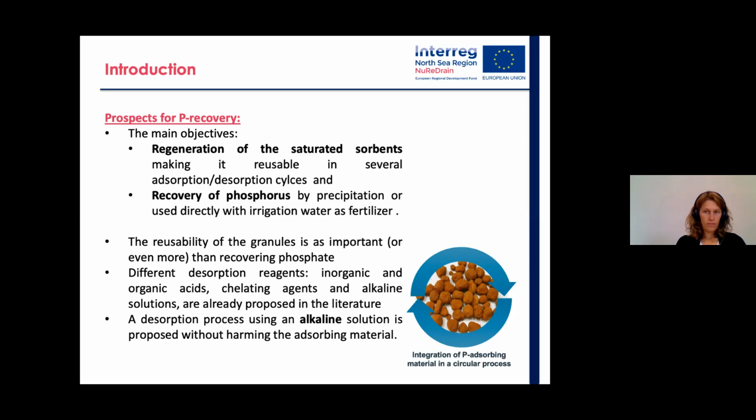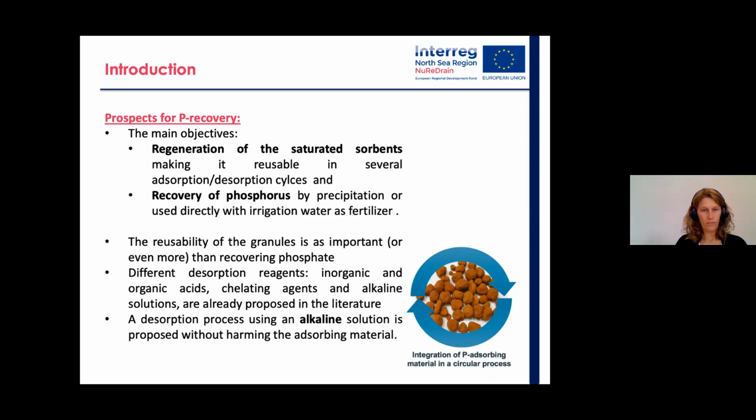The main objective of the research that I will present today is to find the right strategy for regeneration of the saturated sorbent and also the recovery of the phosphorus that has been adsorbed on the material. We will try to do that by making use of different cycles of adsorption and desorption.